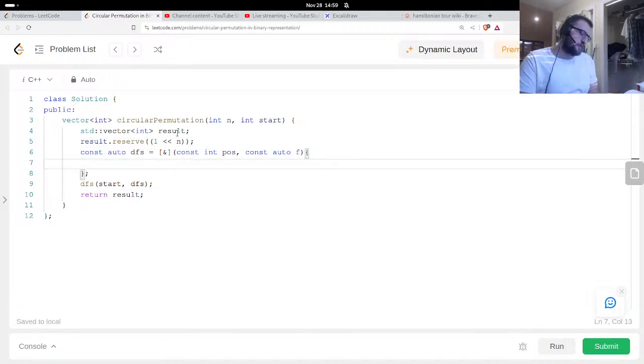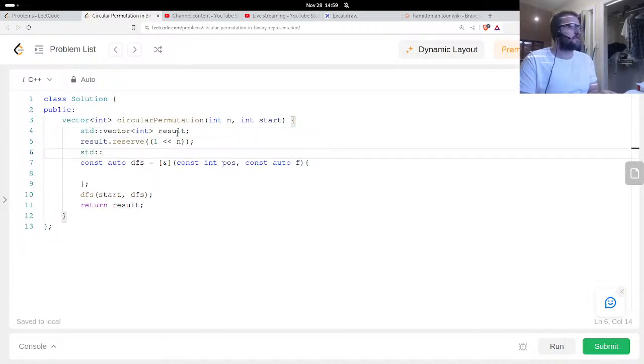And so what I'm going to do is also have a Boolean array. And this is going to be visited. This could be a standard array, standard array of booleans of size 1 plus n.